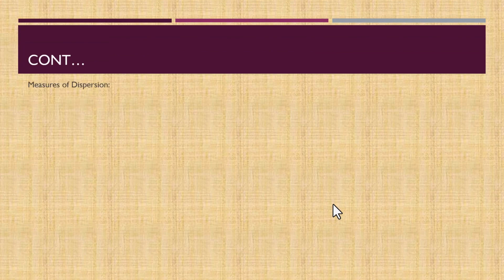So let's look at the measures of dispersion. When I say dispersion, we are looking at how far away the data points are situated away from the mean. So to measure dispersion, you can use a set of scenarios. For example, range. Range is the difference between the maximum and the minimum values in the dataset.